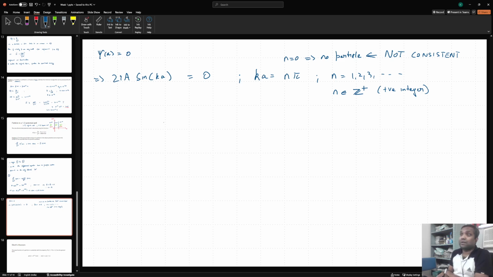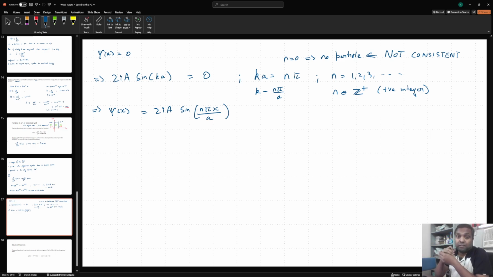Okay, so I know this, therefore k is equal to n pi by a. Therefore, psi of x is equal to 2i a sine n pi x upon a, where a is the width of the well.